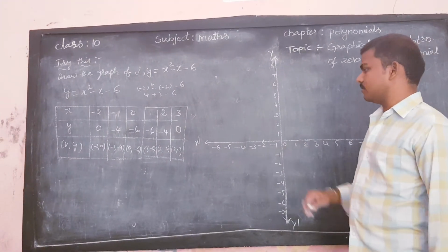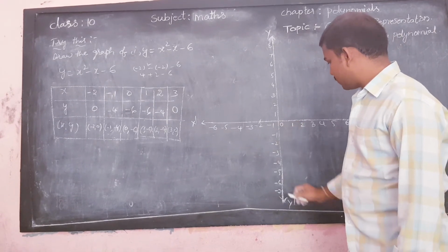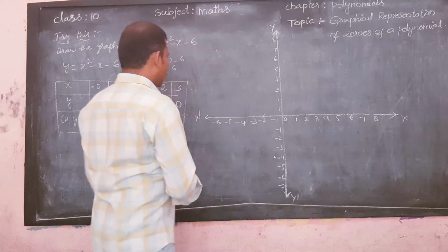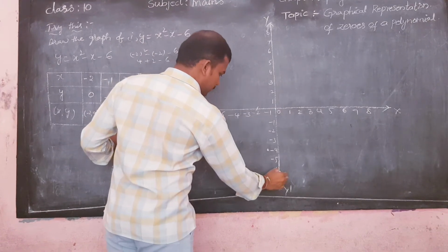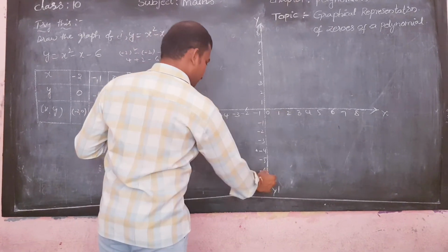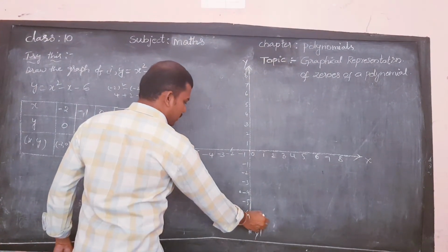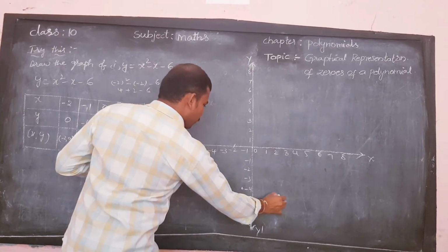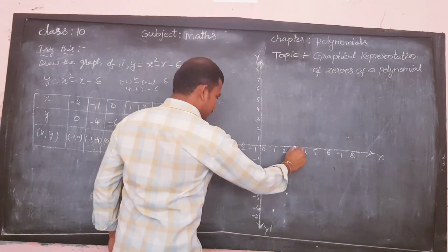Then minus 1 comma minus 4, 0 comma minus 6, 1 comma minus 6, 2 comma minus 4, 3 comma 0. So join these points.